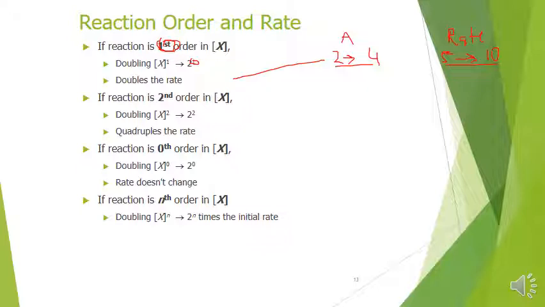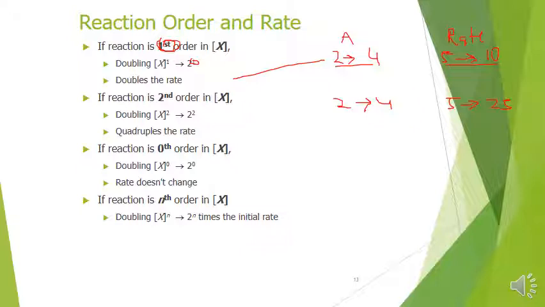Now a second order, if you double your concentration, the rate is actually going to square. So that's to keep in mind, it'll go up by the square.